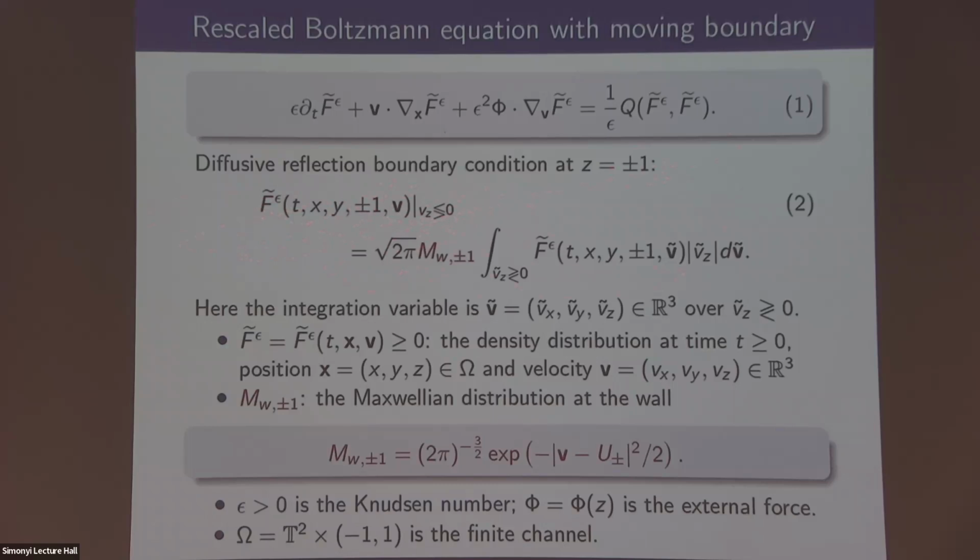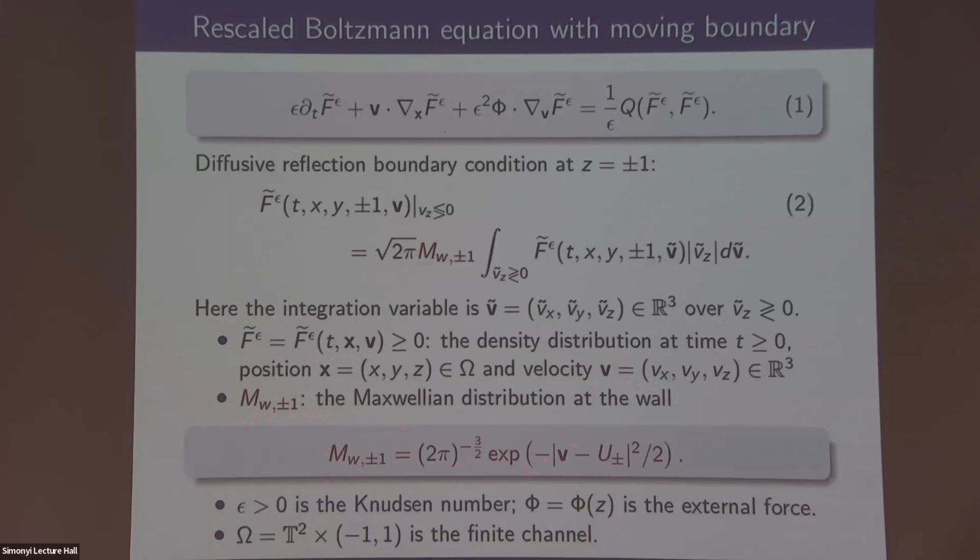And then you average over all the velocities, so you're integrating over v tilde, and you multiply by this Maxwellian distribution at the wall. Here the integration variables are v tilde = (vx, vy, vz), and f tilde is the density distribution at time t, position x and velocity v, and m is the Maxwellian at the wall.